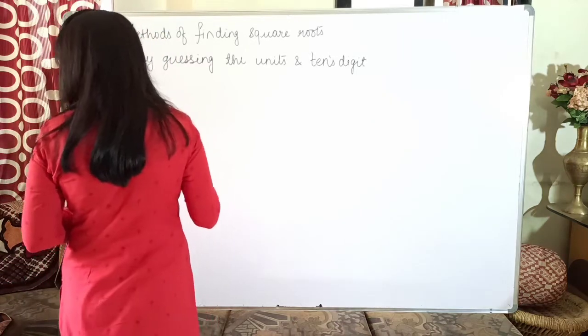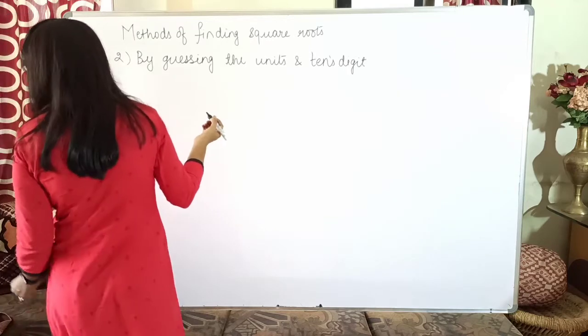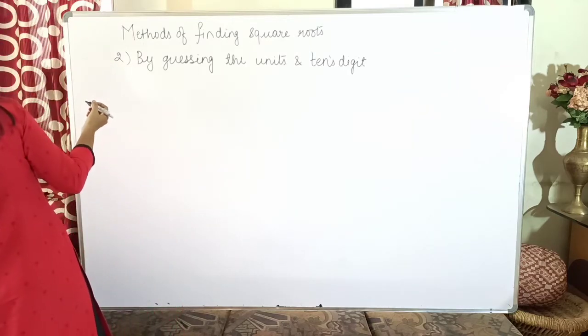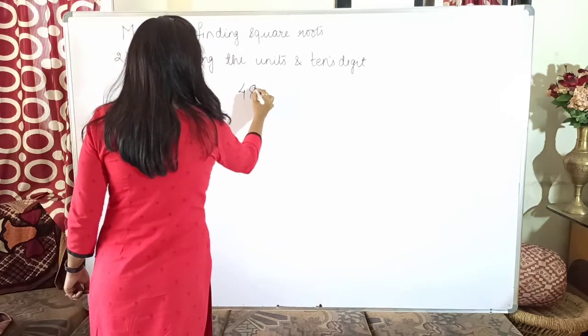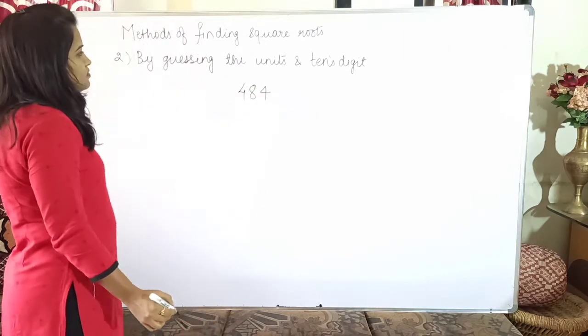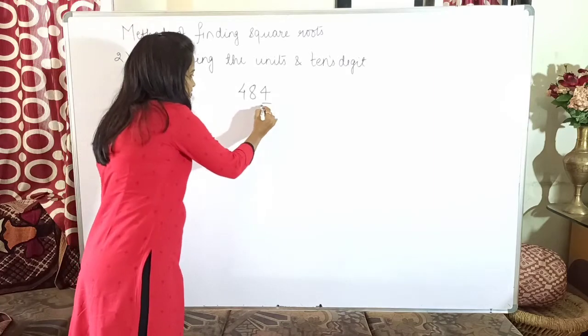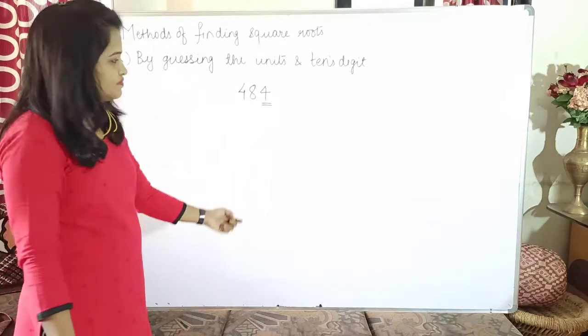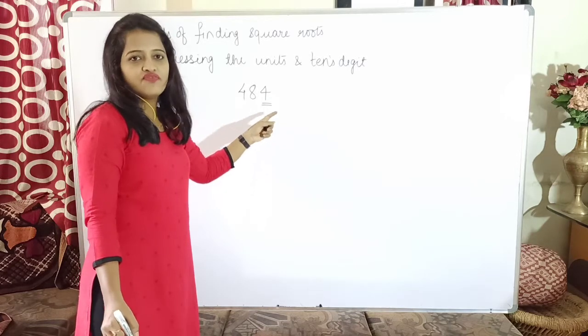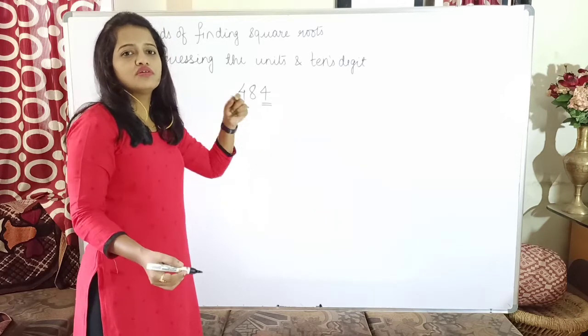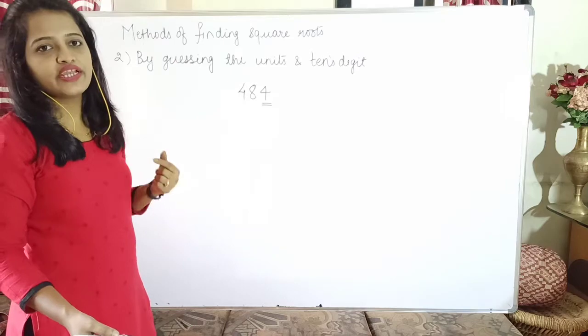Let us take one example as 484. Now check the last digit 4. Will it be a square? Yes. Which digits will have 4 at the units place when you square them?